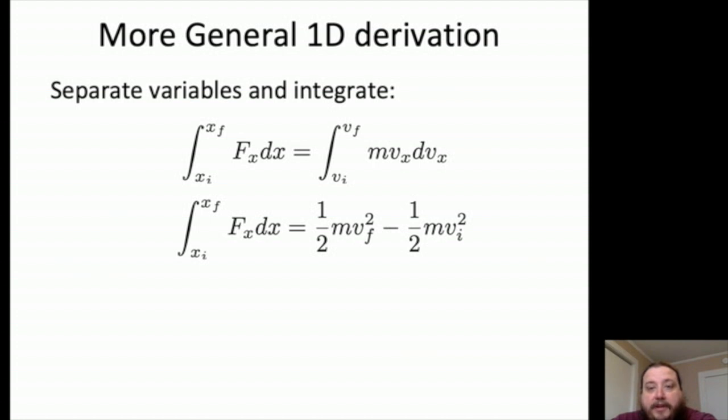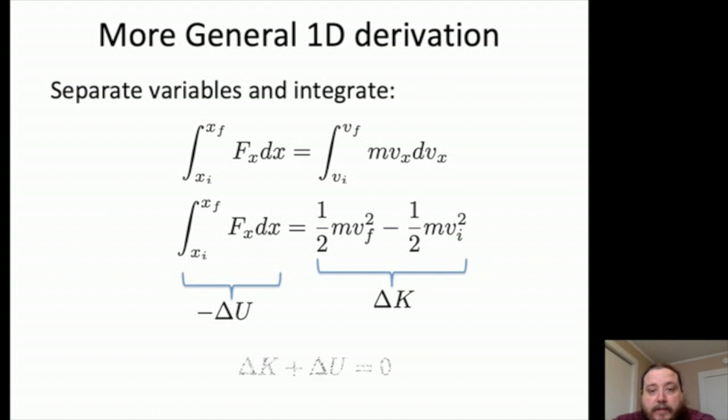It's basically the constant times v dv, so that gives us our 1/2 v final squared minus 1/2 v initial squared, or in other words, the change in kinetic energy on the right, and this term on the left is minus the change in the potential energy. And so again, the sum of the changes in the kinetic energy and the changes in potential energy must all add up to 0. And in other words, again, energy is conserved.